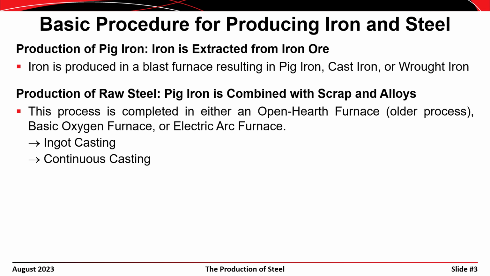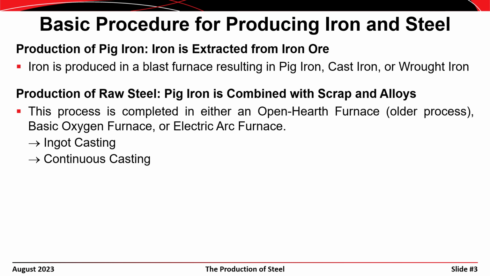So raw steel is made up of about 96, 97% iron, but there are alloying elements in it that give it the properties that we really rely on, like the extra strength and the ability to resist abrasion, the ability to resist fracture. So the pig iron is combined with alloying elements in an open hearth furnace or a basic oxygen furnace or an electric arc furnace, an EAF or a BOF.